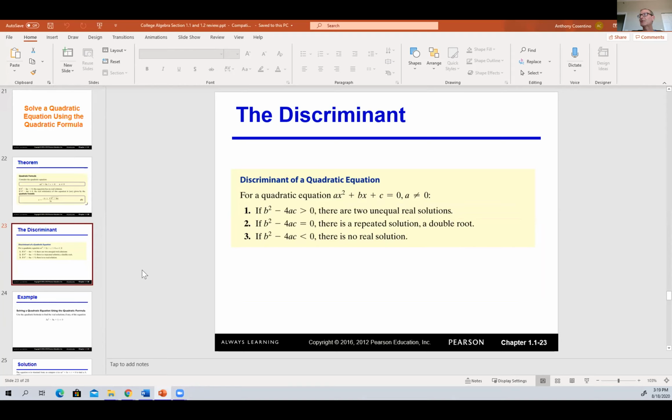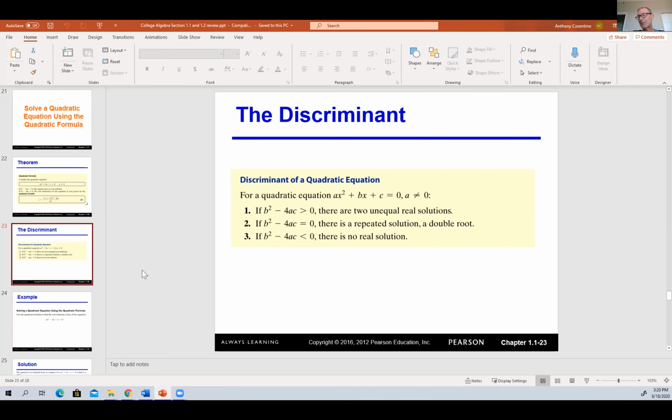So if the value of b squared minus 4ac is positive, you'll end up with two solutions, and they will be real. If the value is negative, then you would take the square root of a negative number, and you would see that there are no real solutions. And so that one's the easiest one.